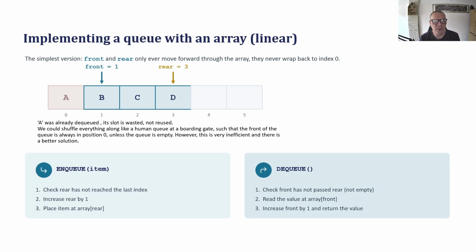Now, you could move everything along every time something is removed from the queue. Just like in real life, queuing up at a counter, one person gets dealt with, they go away, and everybody else takes a step forward, and they shuffle forward a little bit. So we're not wasting the space at the front of the queue. However, in this approach to a linear queue implementation, space gets wasted at the front.